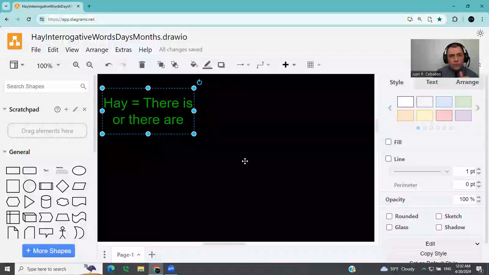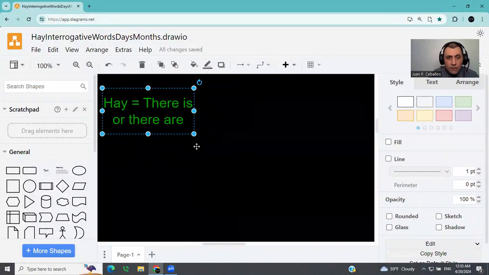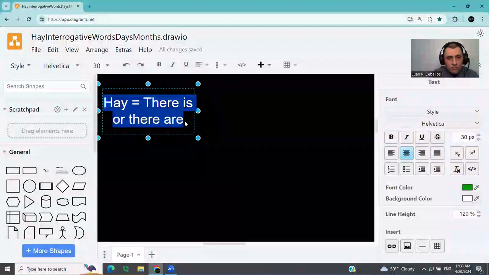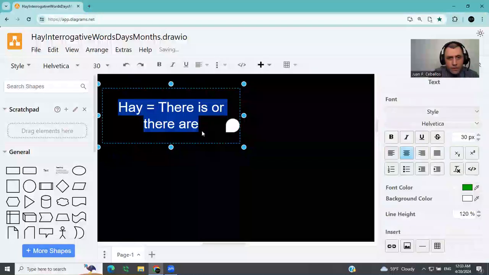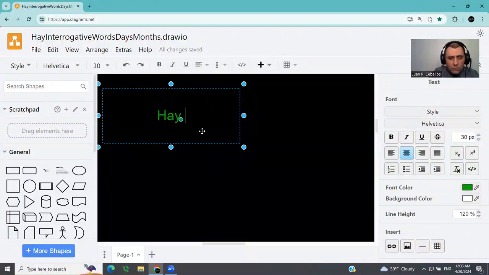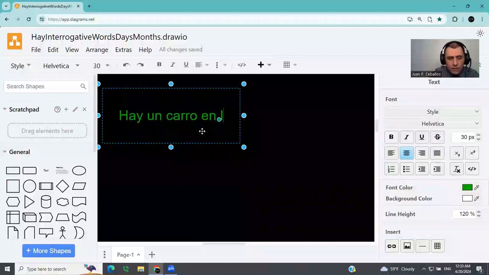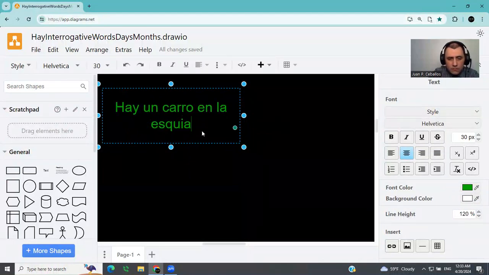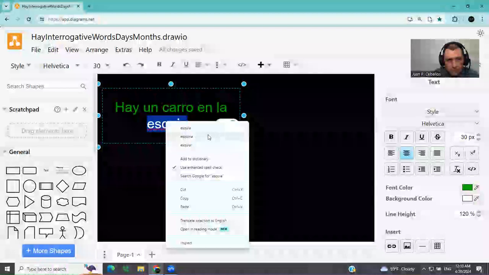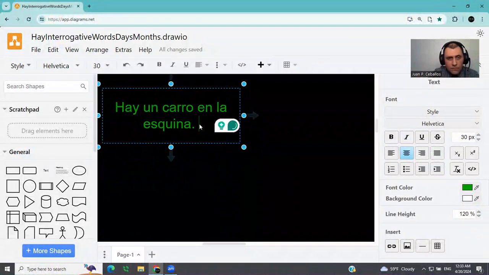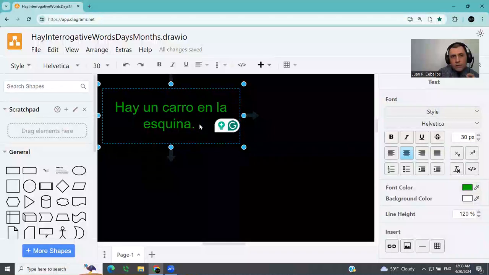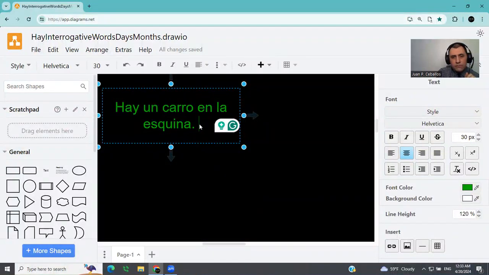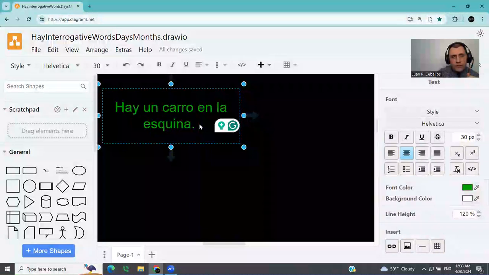Hay translates both. Example, I can say: hay un carro en la esquina. This translates as there is a car on the street corner, something like that.